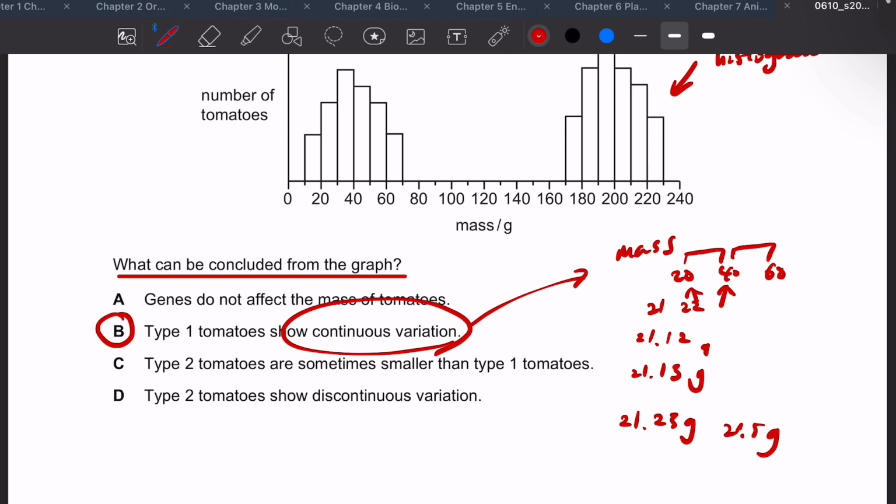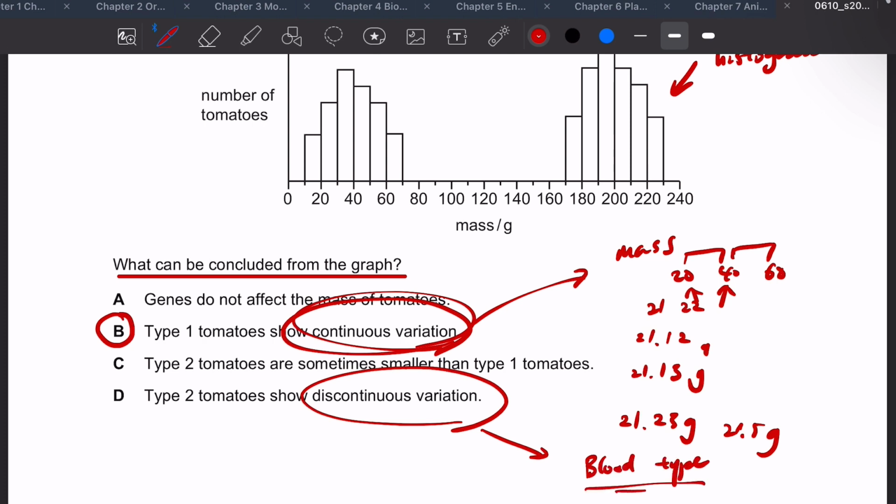So there's a huge difference between continuous variation and discontinuous variation, because discontinuous variation is very discrete. So for instance, blood types, there are like A, B, and O types, right?